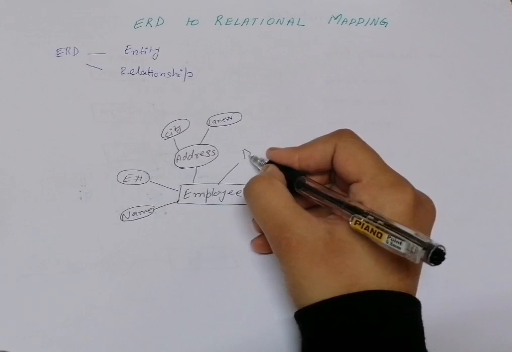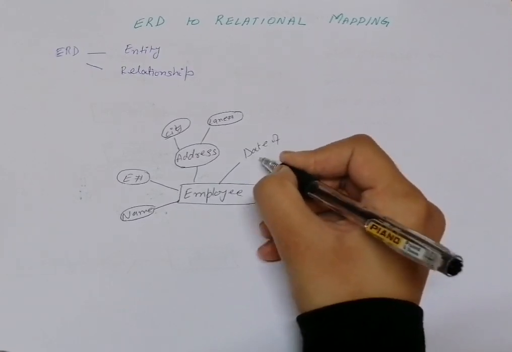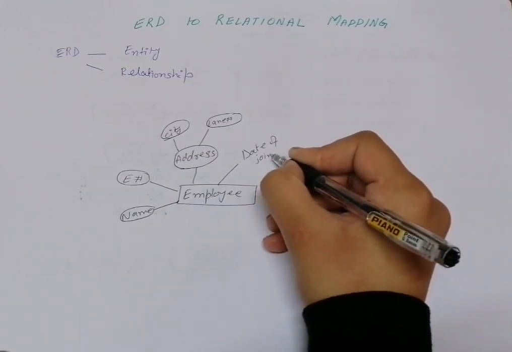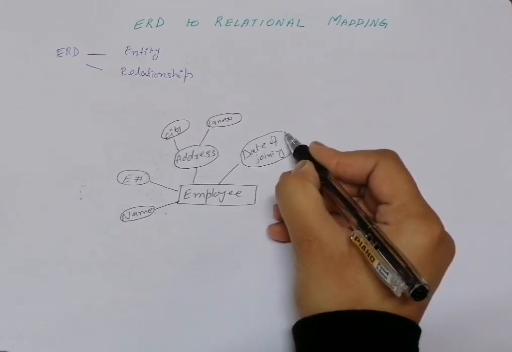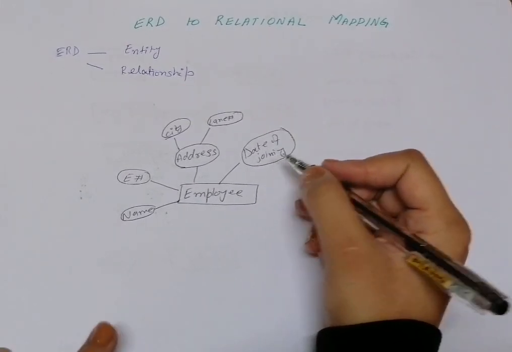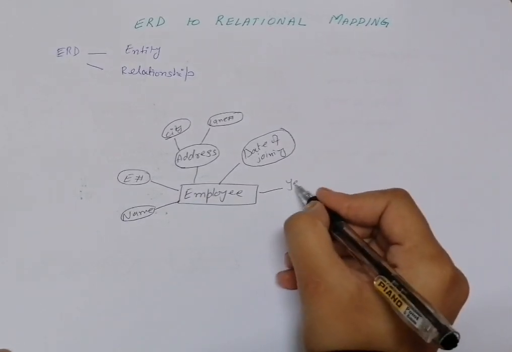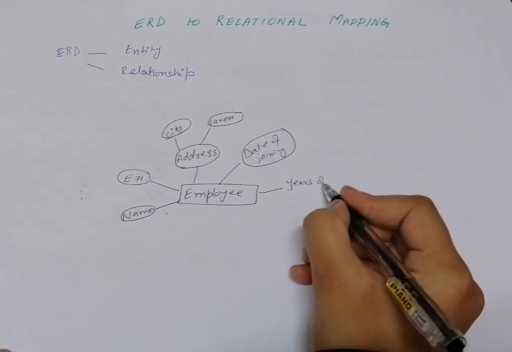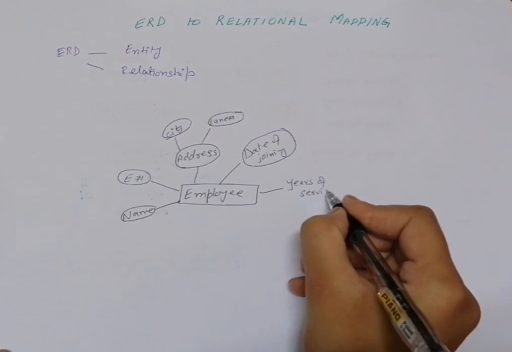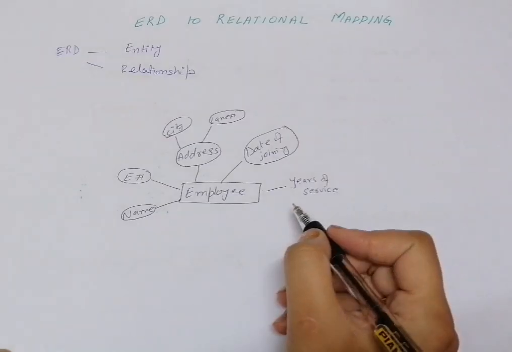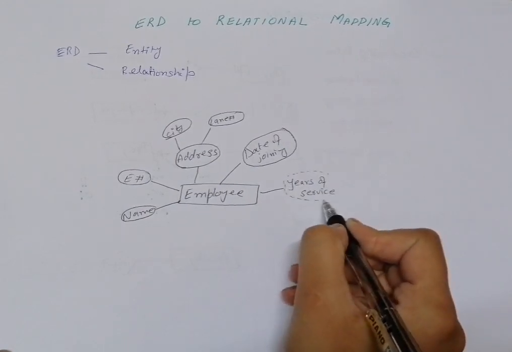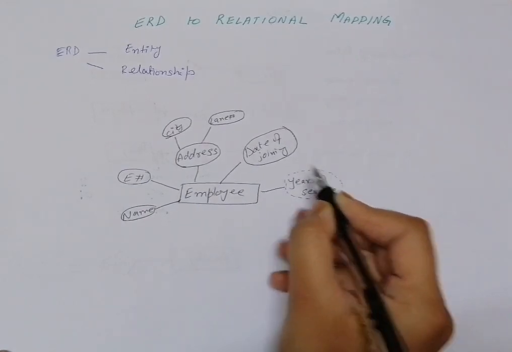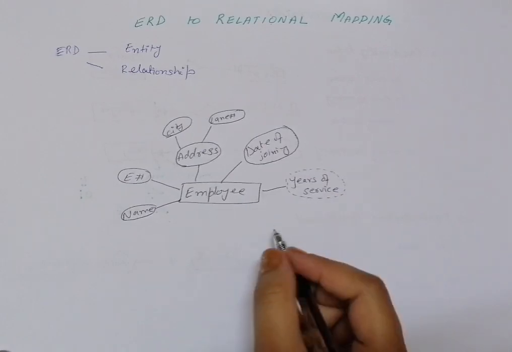Let's say date of joining, the date at which the employee joined the particular organization or institute, and then it may have years of service. Since we have the date of joining, I'll mark it as a derived attribute because it can be derived from date of joining.